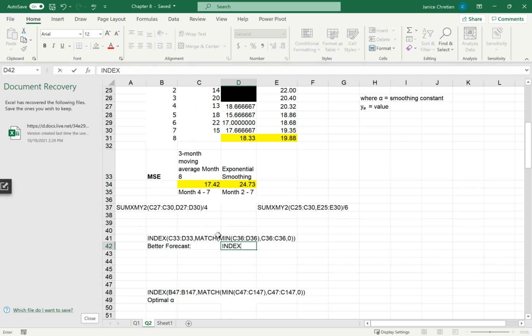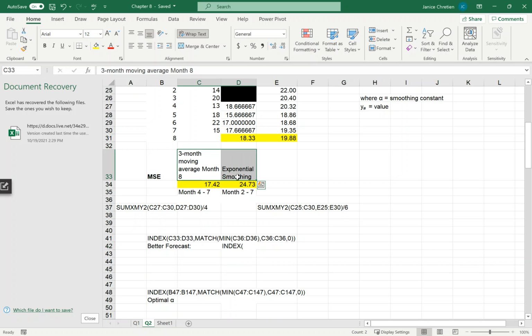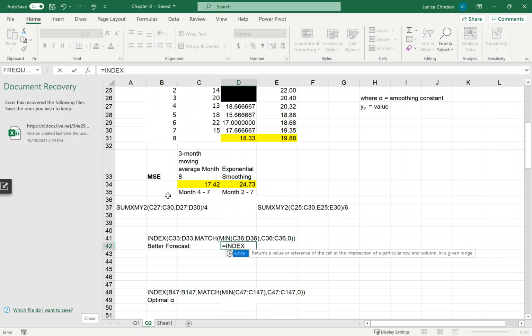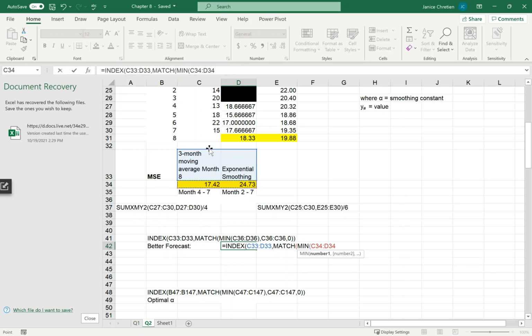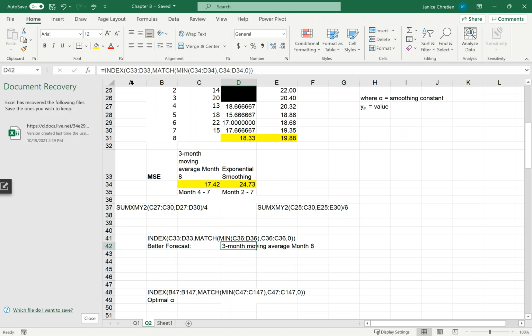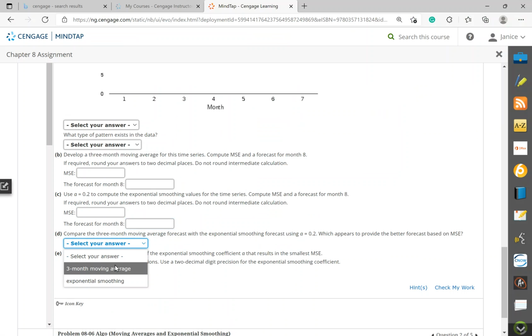It's index, these two, just the title, comma match, min. I need my values, and I had selected those for some reason. And then I reselect those values again, comma 0, and it tells me 3 month moving average. So I would select that 3 month moving average there.